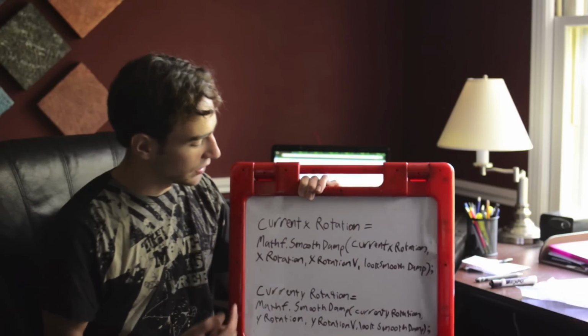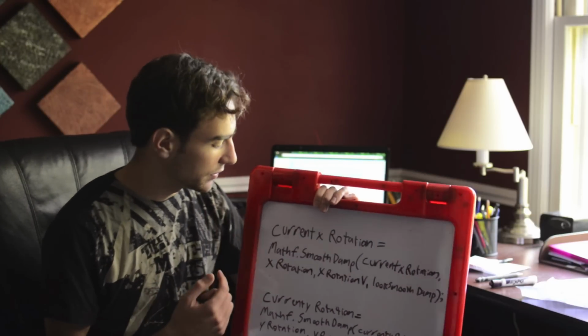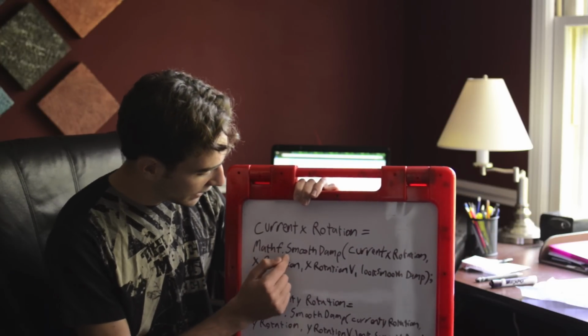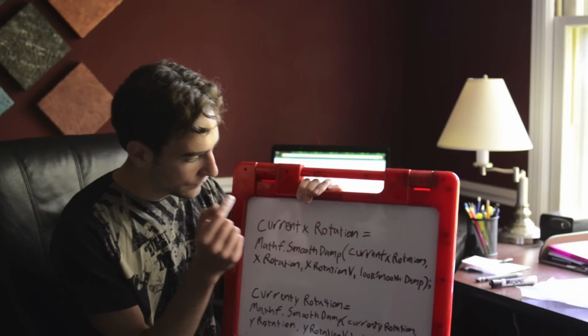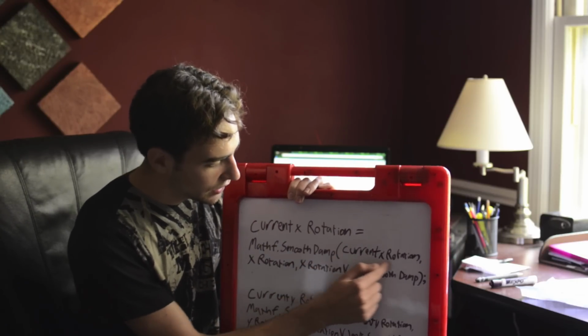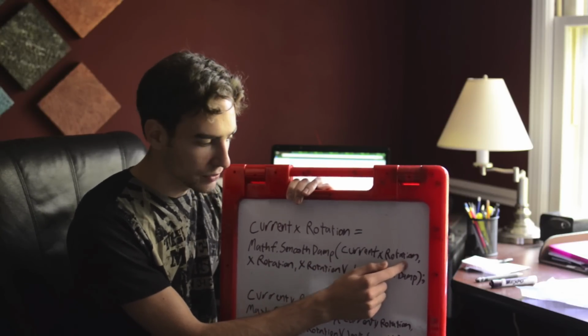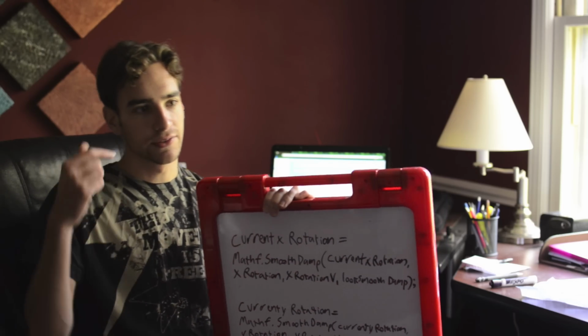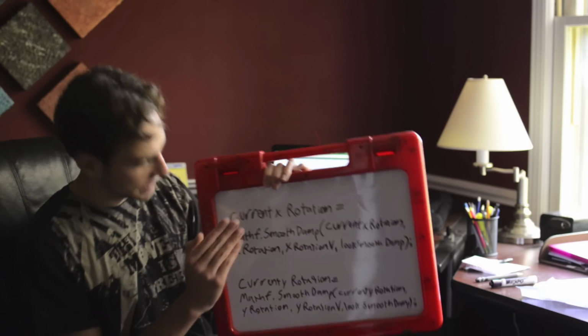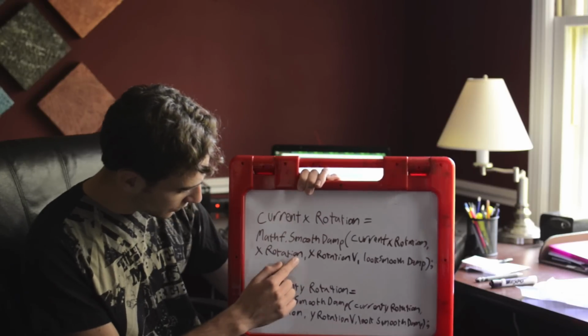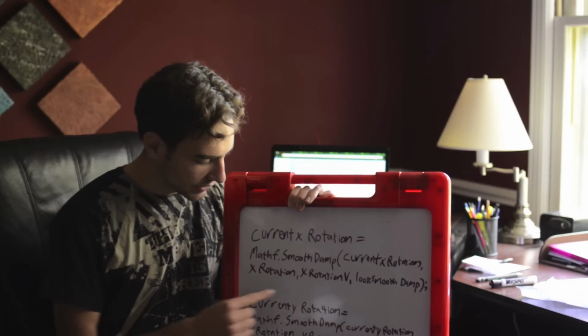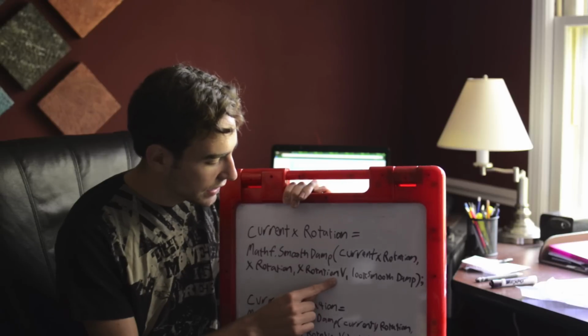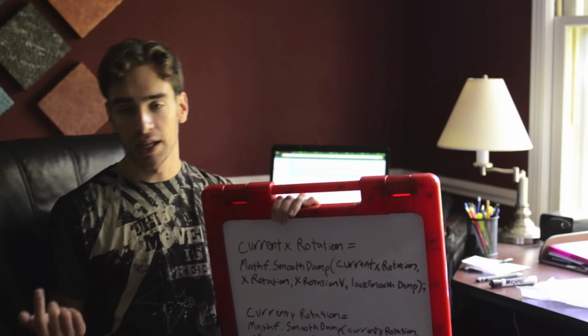That sounds confusing, but SmoothDamp is actually a pretty simple function. With Mathf.SmoothDamp, we're going to give it our current variable, the variable that we want to smoothly transition into our second variable, which we have written here, which is x rotation. And then our third variable is x rotation v, the velocity variable.